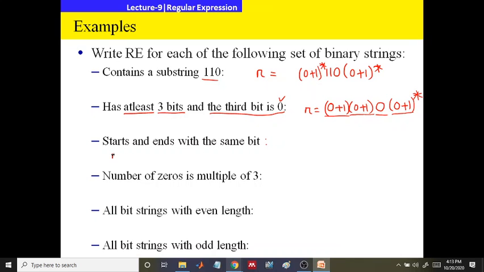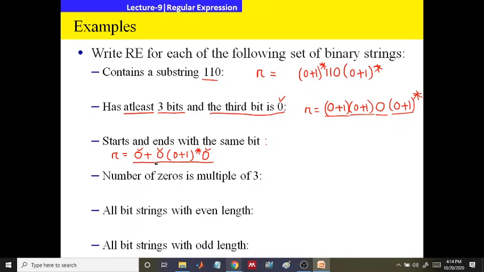So what should be the regular expression for this one? For 0, started with 0 and ended with 0, it is 0(0+1)*0. So it represents all the binary strings that have started with 0 and ended with 0.